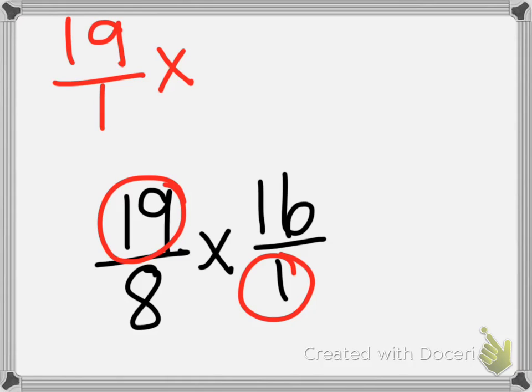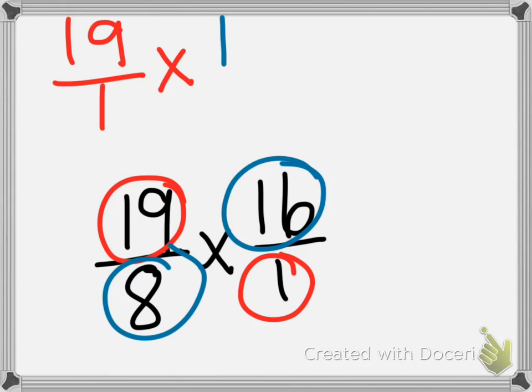It's going to be equivalent, and 16 over 8. It's the same, because here I have 19 times 16, 8 times 1, or 1 times 8. So it's using the commutative property.